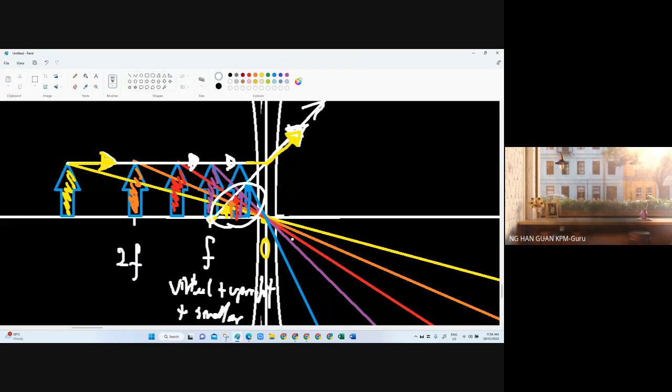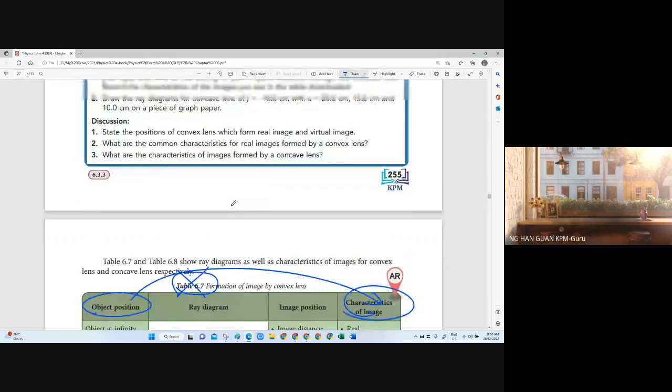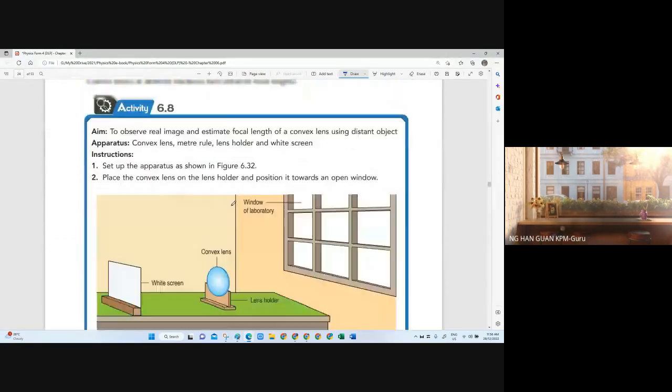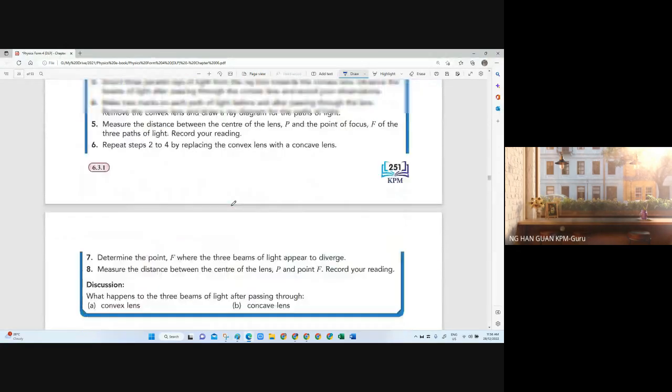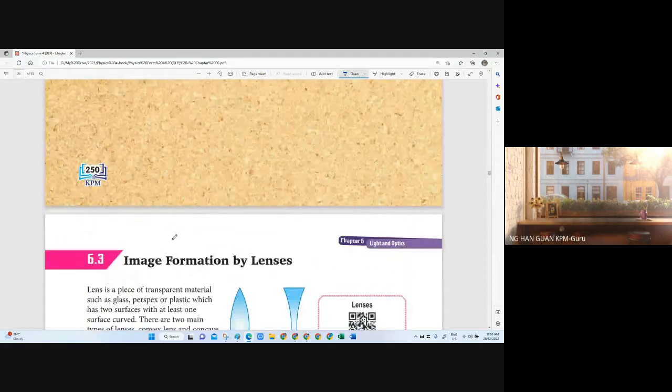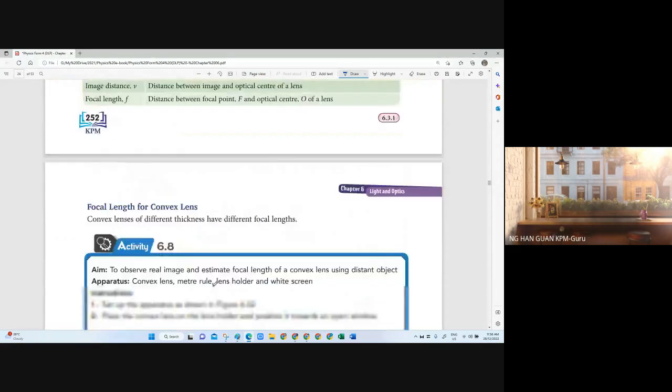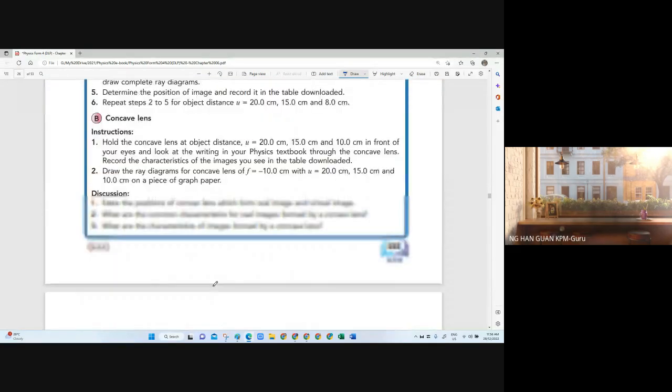So this is how we draw for these formations of the image by the lenses. Okay, so this is a focus on this 6.3. Just only the drawing, which is according to the title here, image formations. So we need to learn how to form the image by the drawing.